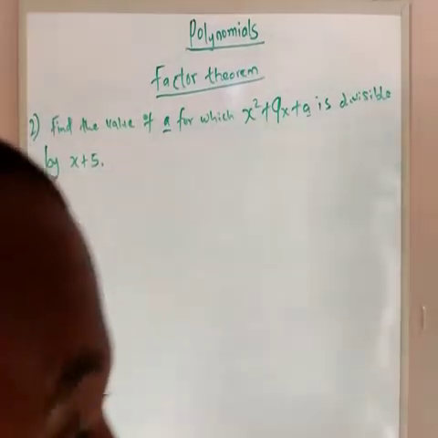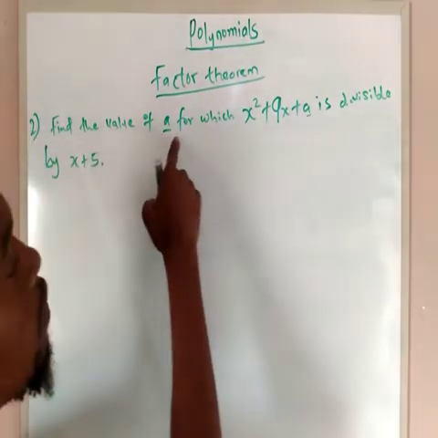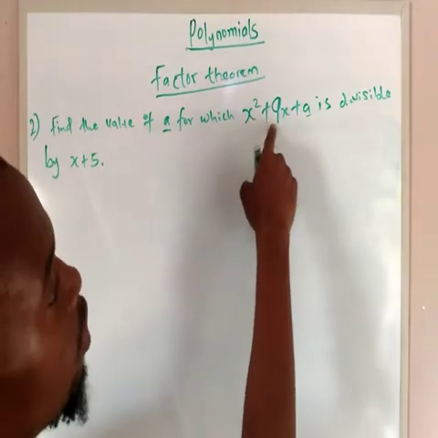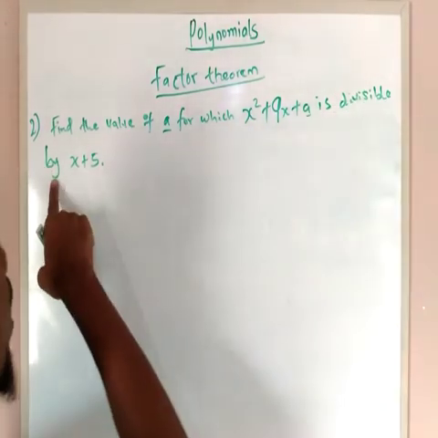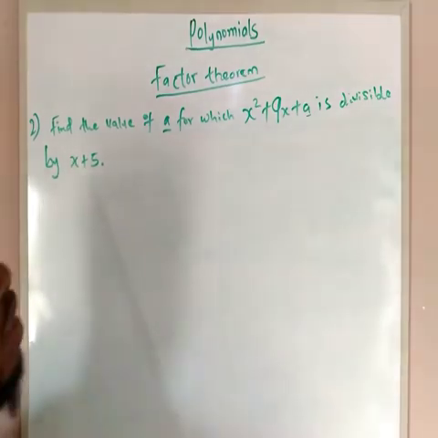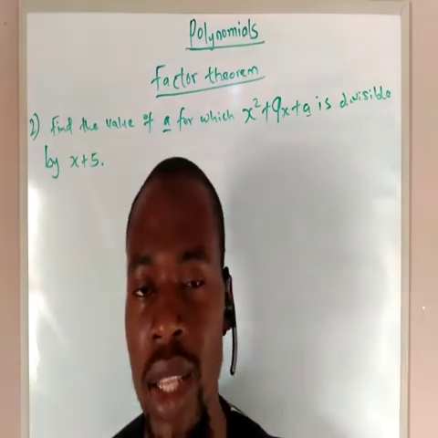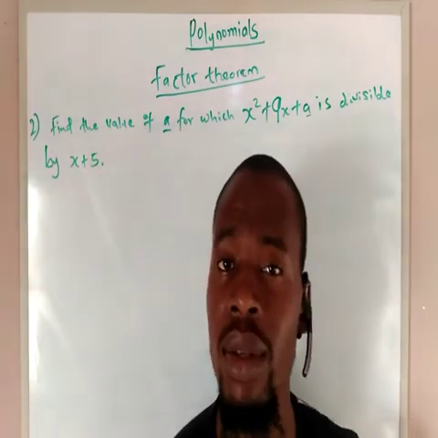Yes, so here is the second question. It says, find the value of a, for which x squared plus 9x plus a is divisible by x plus 5. If a number is divisible by another number, that means that number divides the number without any remainder.